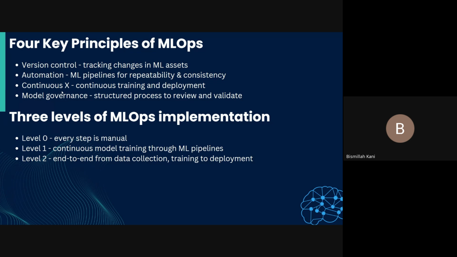Now, once you have the different components of machine learning pipelines, this needs to be wrapped up in a more CI/CD way of working. So we call that continuous X. So instead of only continuous integration, since we are machine learning specific, we do continuous training on new data or new model types, etc.